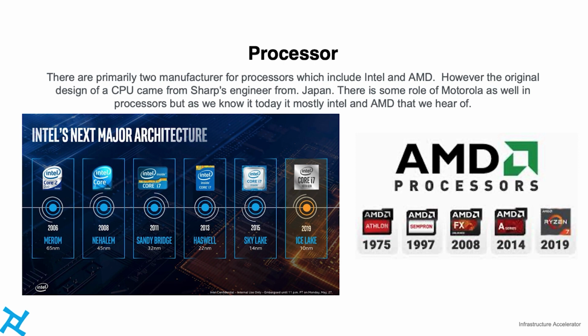So that's how Intel is going. And for AMD, we have AMD Athlon, AMD Sempron, then Ryzen is the latest one, which I keep hearing about. There is the Ryzen 5 and Ryzen 7 series. But like I said, Intel is the most famous one, and most computing devices, including your phones, come with an Intel processor inside.